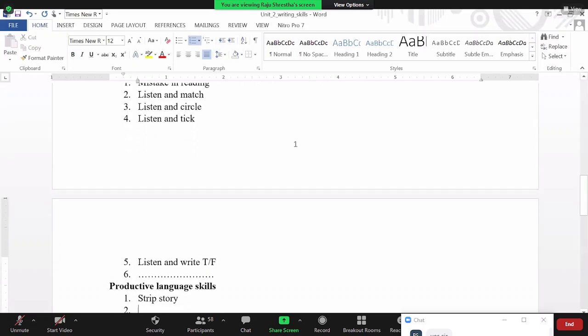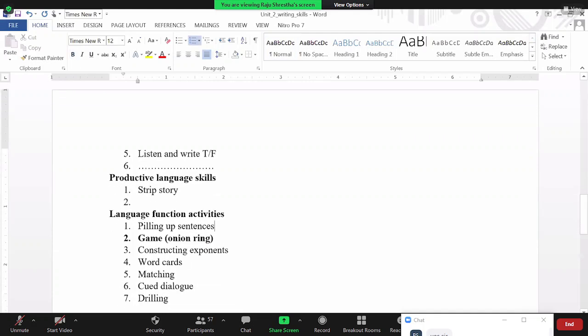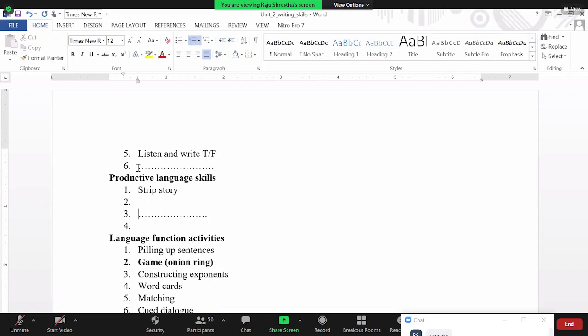And some productive language skills also we have to discuss here. Just one I have mentioned here: strip story can be used to teach productive language skills of the students. Then the project work can also be used.